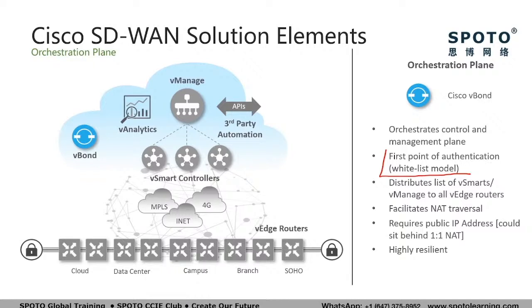We will explain more details about the NAT in the next slide. Just remember, vBond requires public IP address or a private IP address, but with one-to-one NAT to the public IP address.